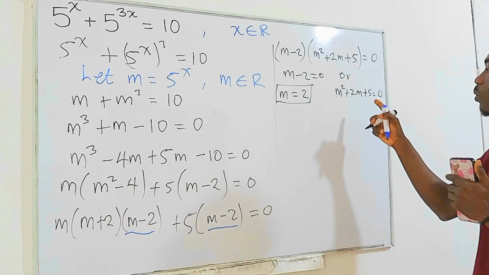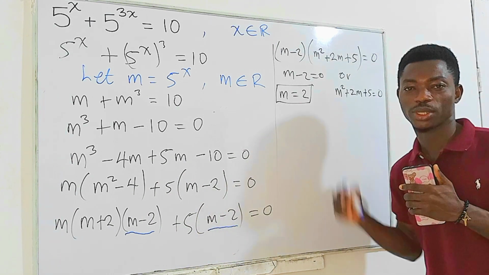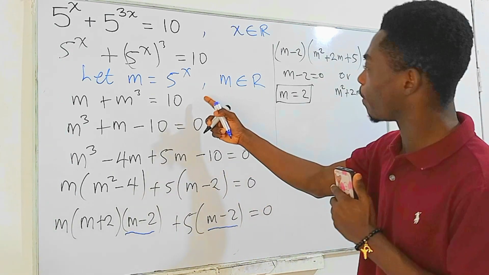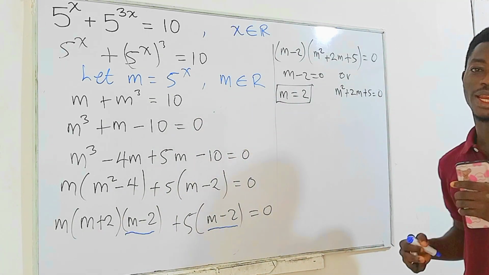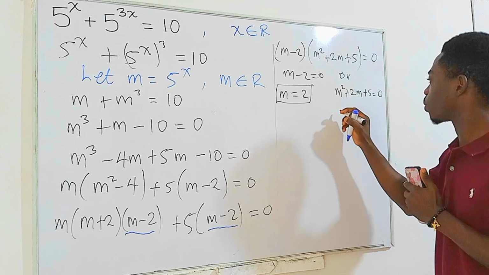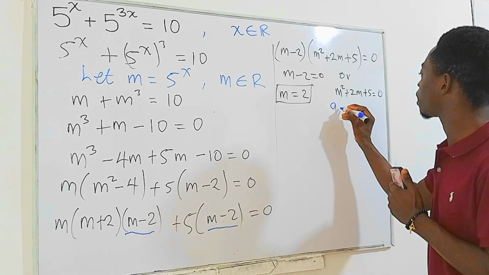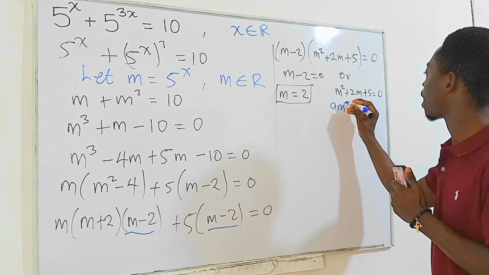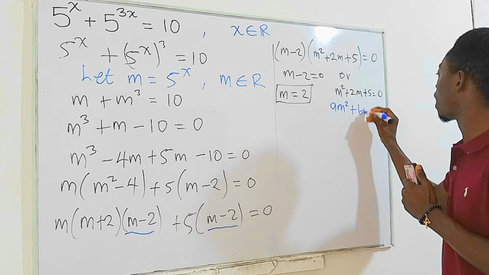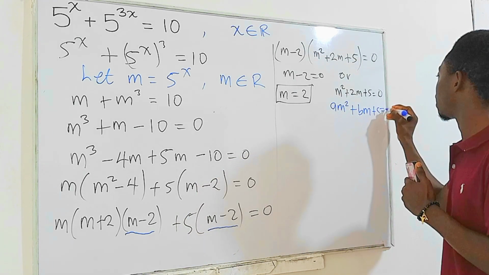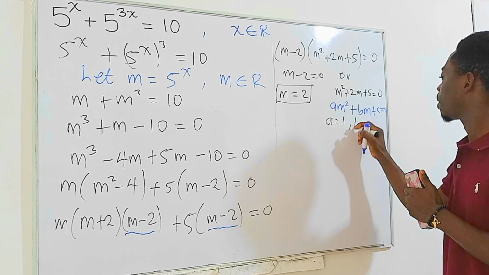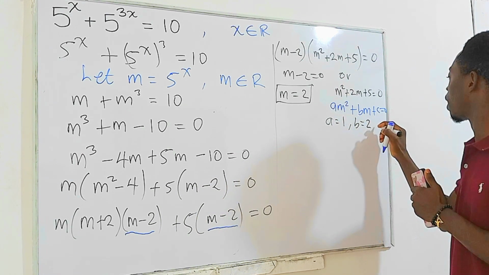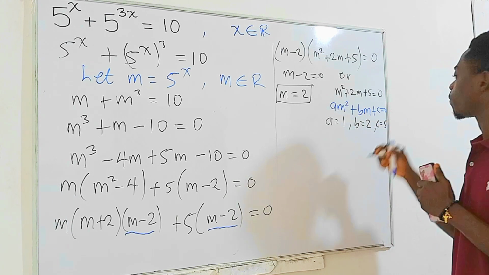Then right here, we have to check the nature of how this question is going to be, because m is a real number. So before we tackle this, let's consider the nature of how the value of m is going to be. First of all, we compare it with the general quadratic equation, that is am squared plus bm plus c is equal to 0. By comparison, we have a is equal to 1, b is equal to 2, and c is equal to 5.